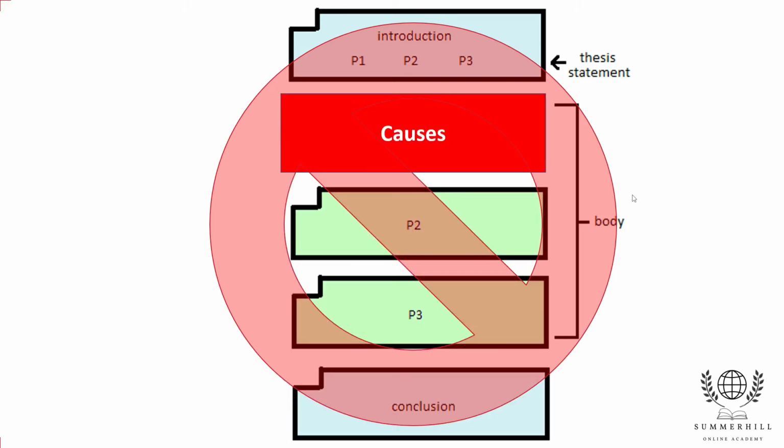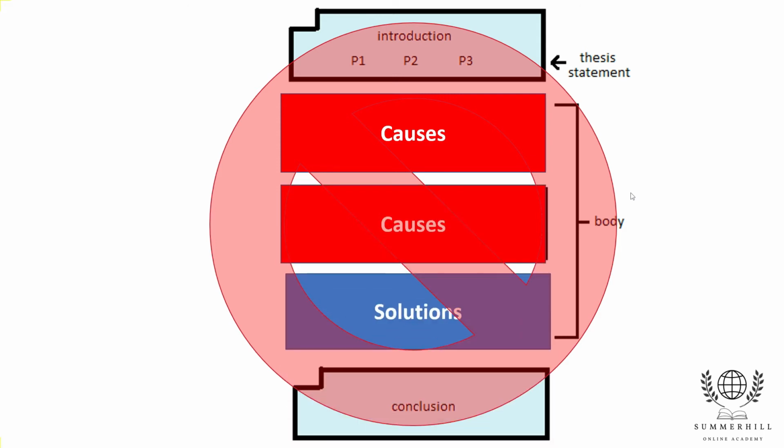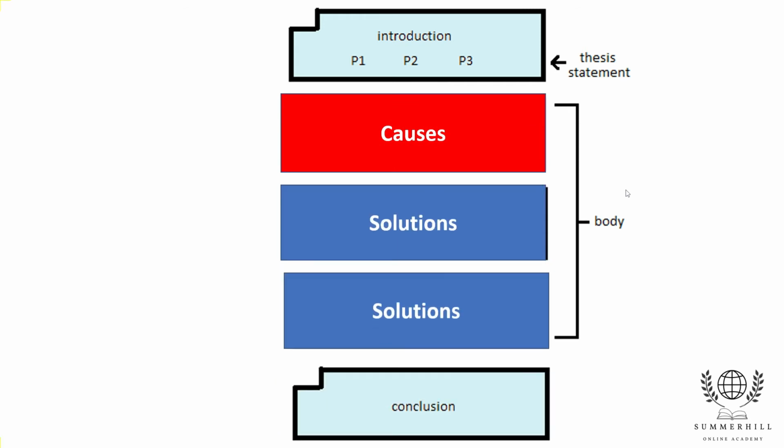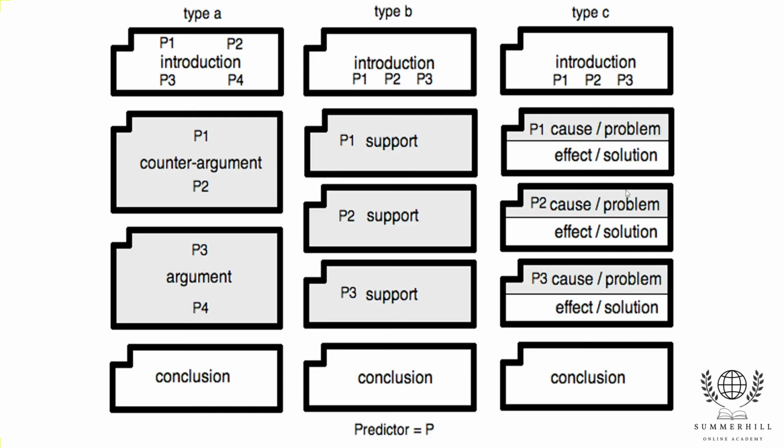For example, if I spend 2 body paragraphs on the causes, and 1 paragraph on solutions, I will only get a Band 6 in task achievement because I did not answer both sides of the question equally. Similarly, if I spend more time on solutions rather than causes, we wouldn't want to try that kind of essay structure either because we're not providing a balanced response.